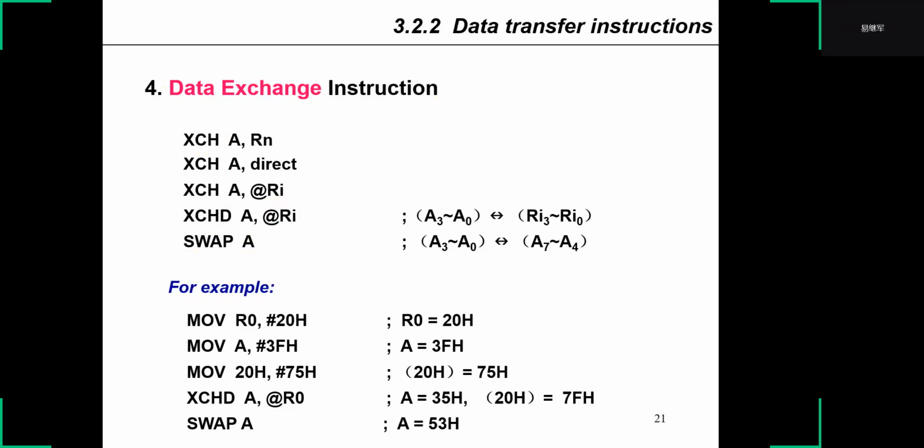We can see here, this is a MOV. We can use it to move 20H to R0.